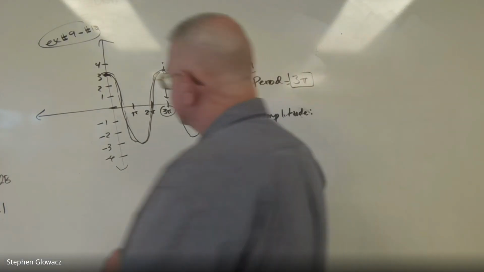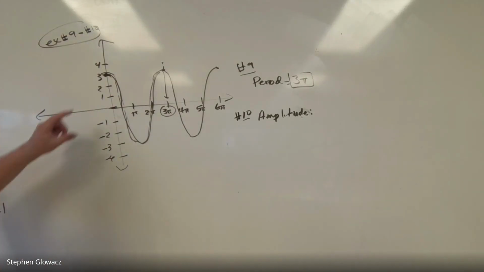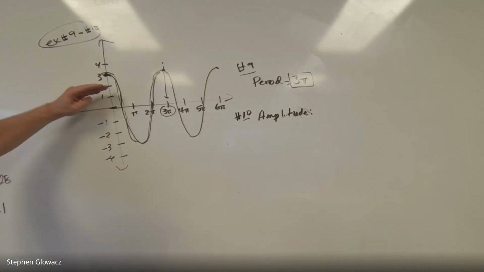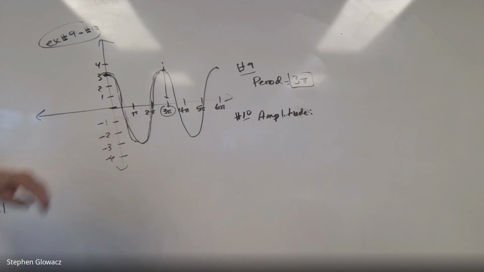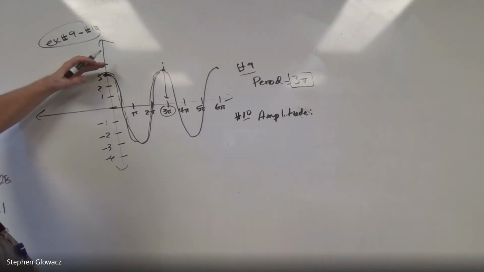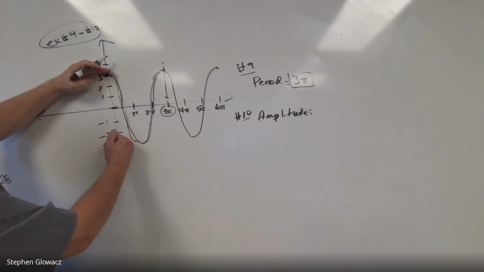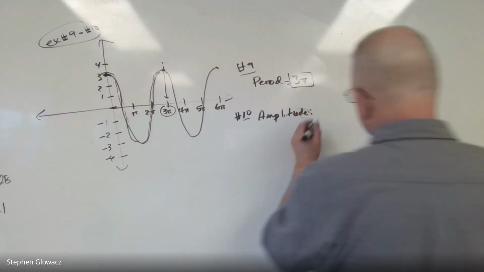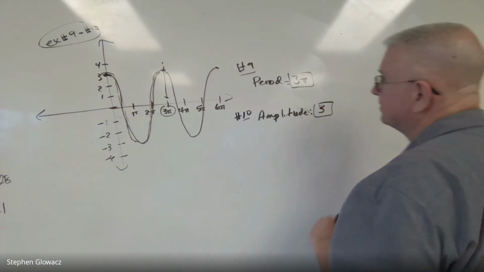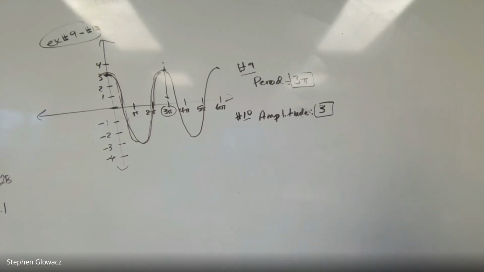And so remember we said earlier, the sine and cosine functions top out at 1 and bottom out at -1. So that would be the amplitude of a normal sine or cosine function. Here, it's going from 3 down to -3, and so it goes as high as 3. Our amplitude is 3. And that's all we have to do there. And so that's our examples for 9 and 10.